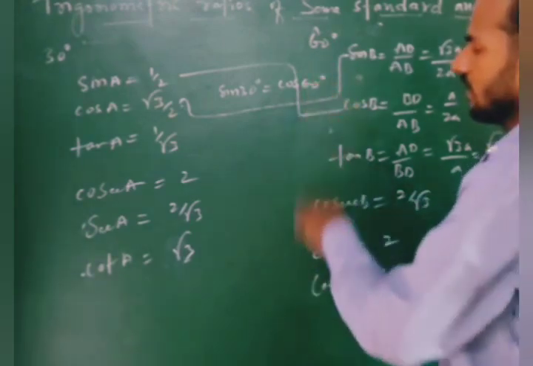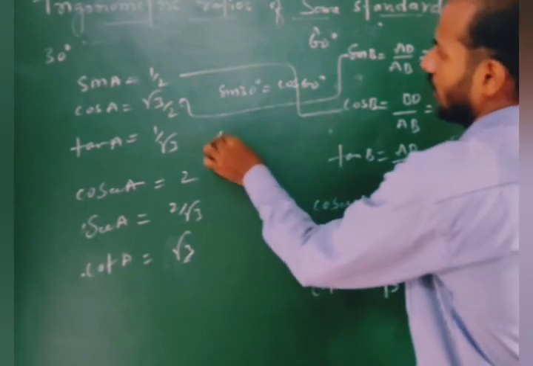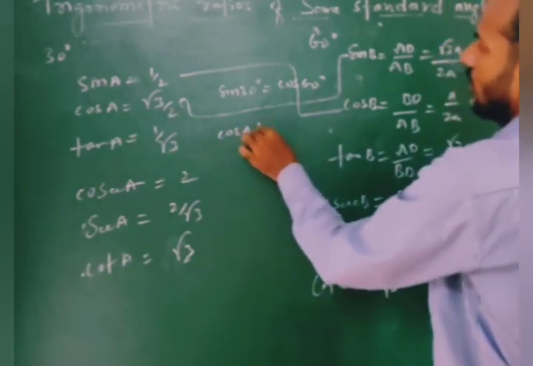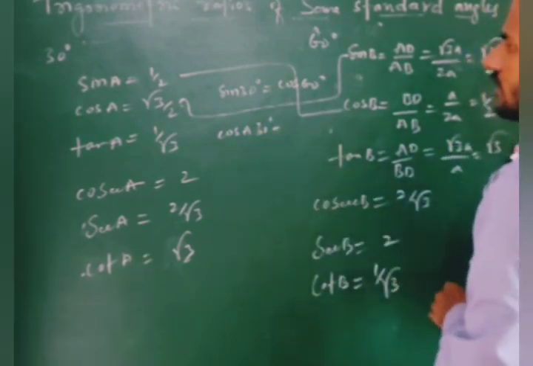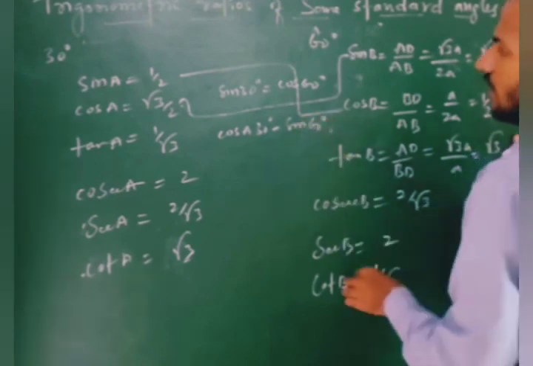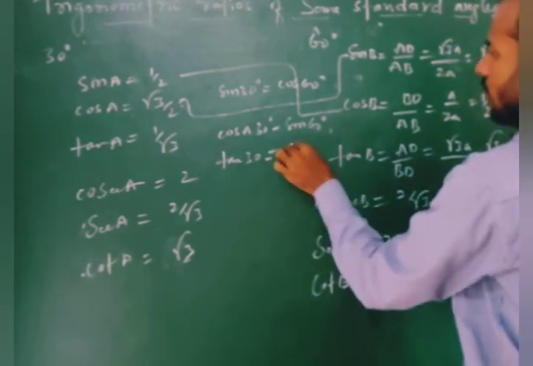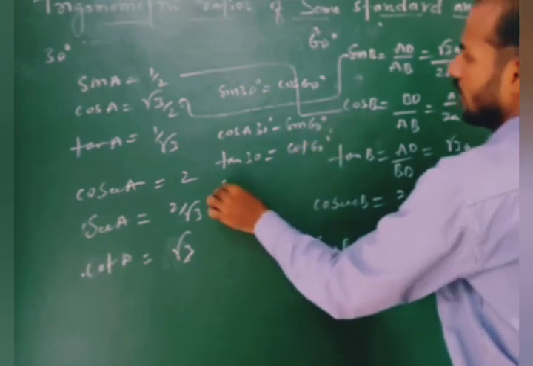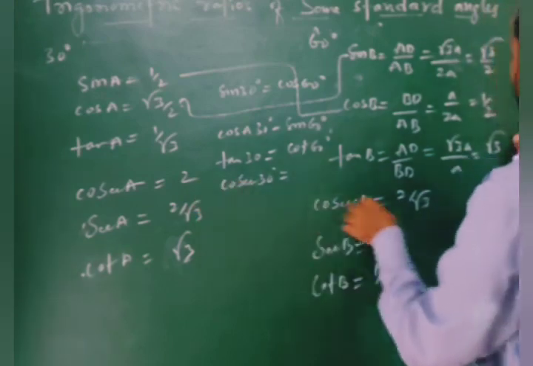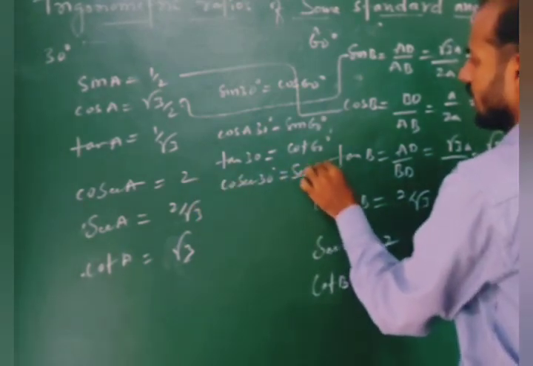Just this is the comparison. Sin 30 is cos 60. Next, cos 30 equals to sin 60. Next, tan 30 equals to cot 60. Next, cosec 30 degree equals to 2, the value 2 is sec 60 degree.